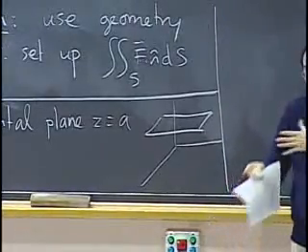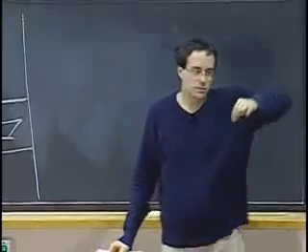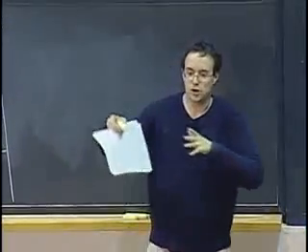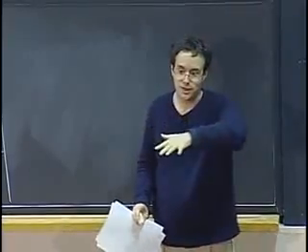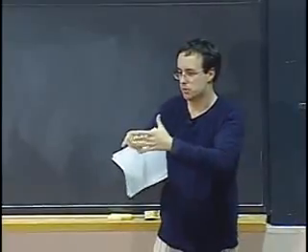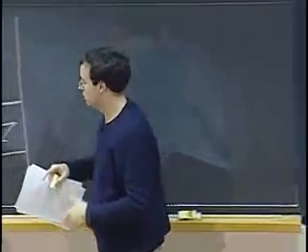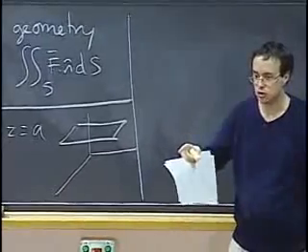It could be a small piece of it. It could even be, to trick you, maybe an ellipse in there or a triangle in there or something like that. What you have to recognize is that my surface is a piece of just a flat plane. So I should not worry too much about what part of the plane it is. Well, it will become important when I set up bounds for integration.